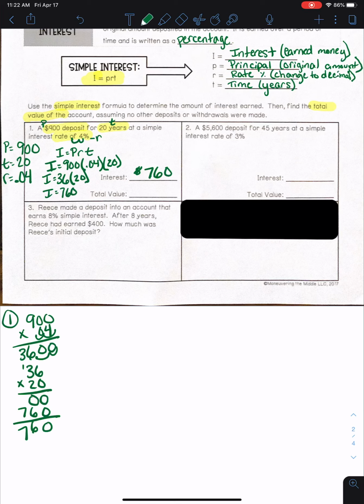Now I need to figure out my total. So I deposited $900 plus I earned $760 in interest. So I'm adding those together and I'm going to get 1,000. Did I do that right?